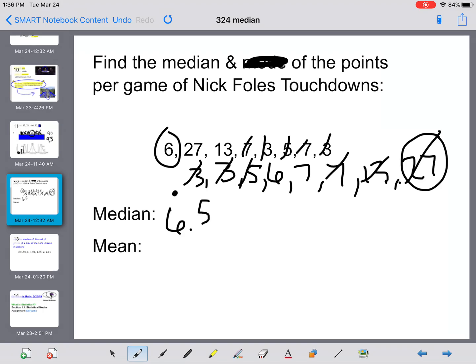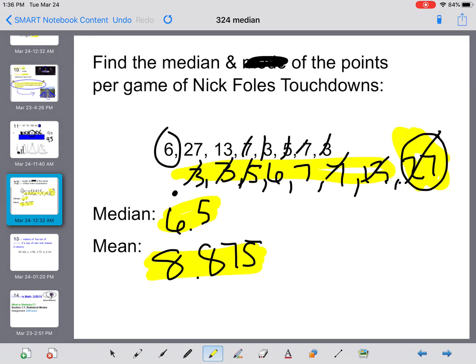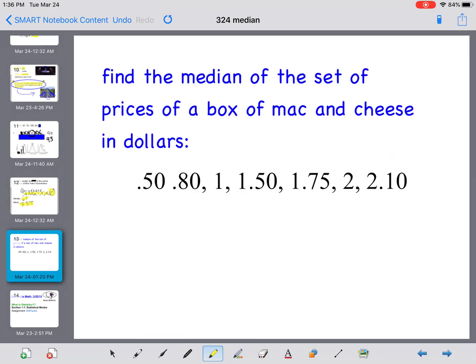And we would get 8.875. So Nick Foles, when he's negotiating his new contract, would say, well, I'm scoring 8.8 touchdowns per season. Well, the owner that probably wants to save money and pay him less would say, well, no, your median is 6.5 because you had one really good year, and then the other ones you were aggressively average, right?